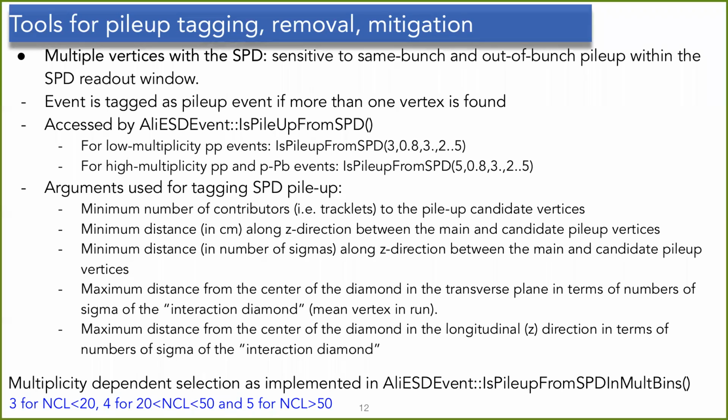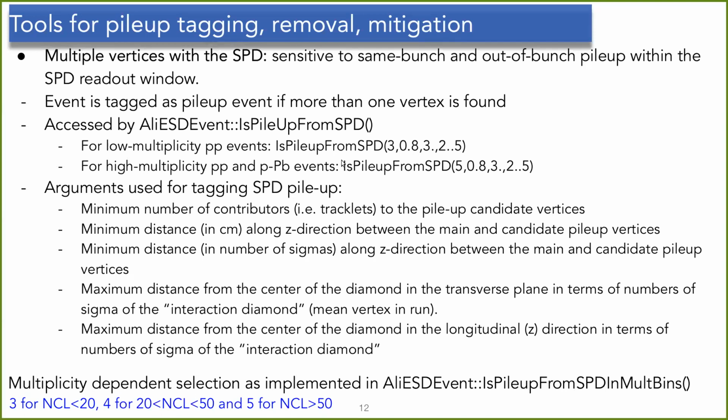You just calculate the mean of the vertices, and that mean position is your interaction diamond. You see the distance of those vertices from the interaction diamond in terms of sigma, where sigma is your vertex resolution. You can also do a similar thing in the longitudinal direction. So you can control these conditions in your analysis to reject the pileup events from the SPD.